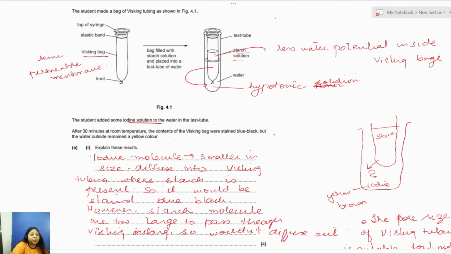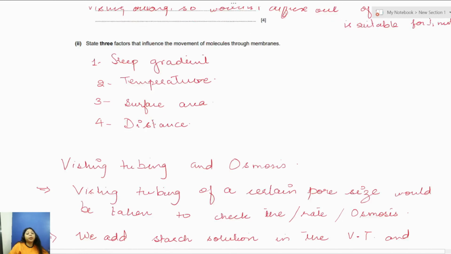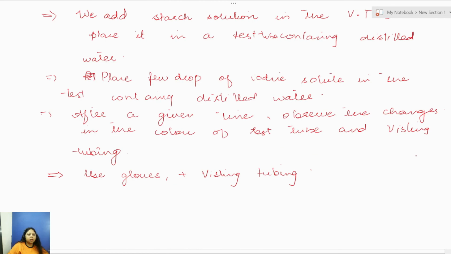We have to bind it with an elastic band, and most of the time we use thread, so that the elastic band wouldn't open. Otherwise, it would open. So we have to tie this visking tubing really well, tightly tied.